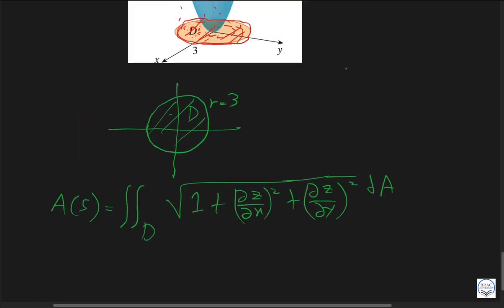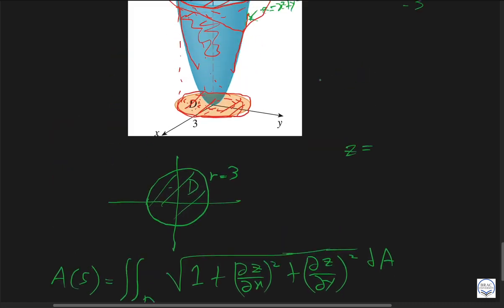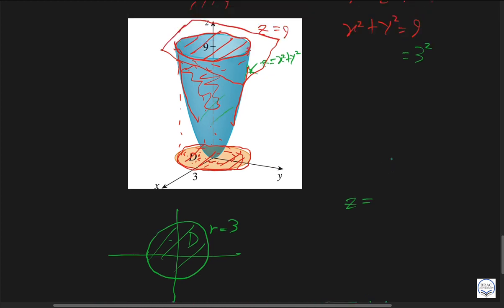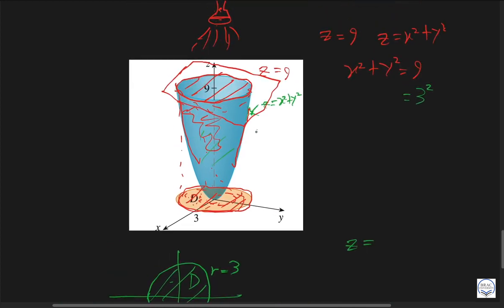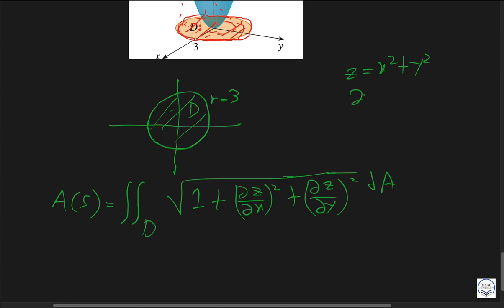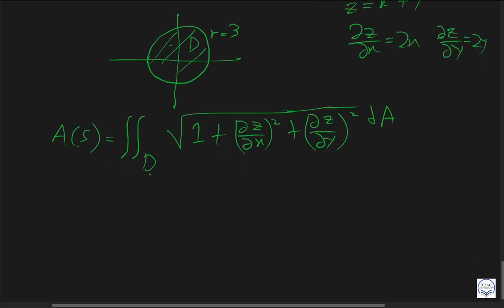Since the surface we're interested in is z equals this parabola, z equals x squared plus y squared, its partial derivatives are just 2x and 2y.